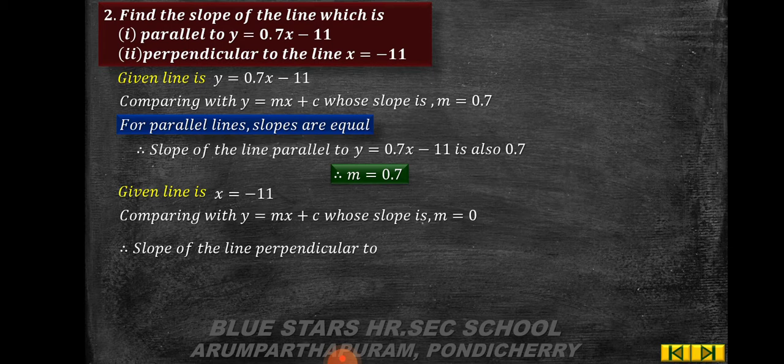Therefore slope of the line perpendicular to x is equal to minus 11 is mp is equal to minus 1 by m. mp is nothing but the perpendicular slope, which is equal to minus 1 by 0. Already we know anything by 0 is infinity or undefined form. So therefore m is equal to infinity.